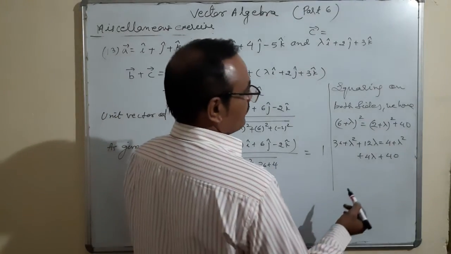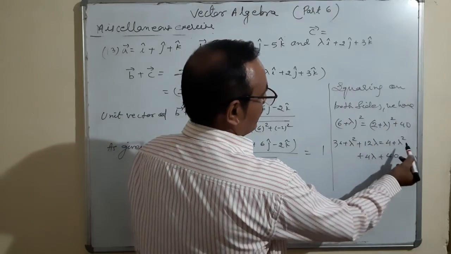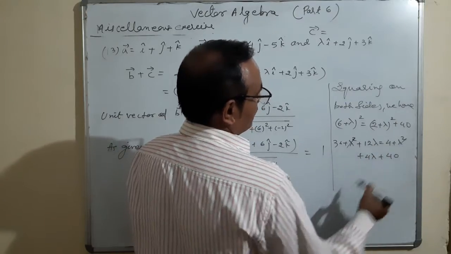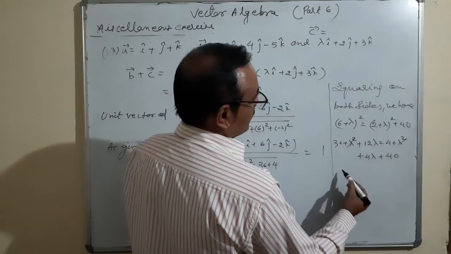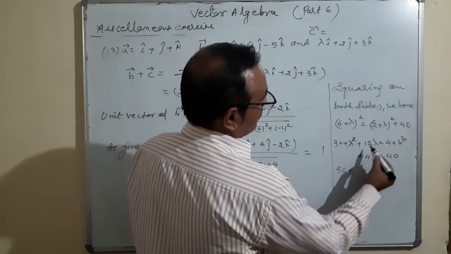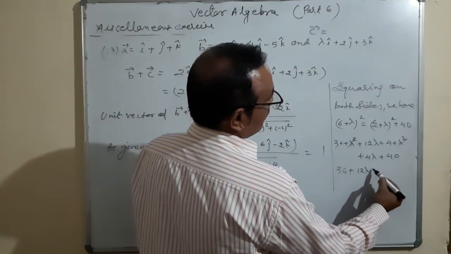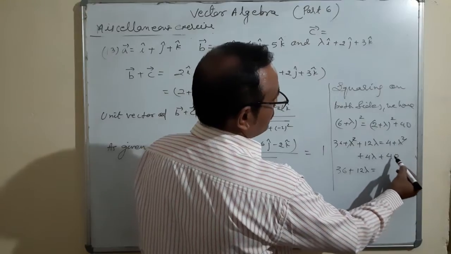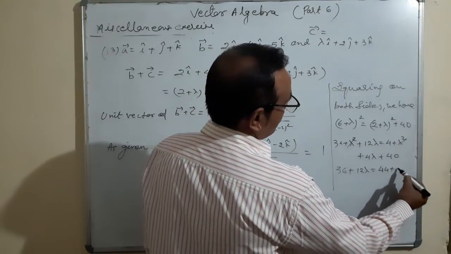So here lambda square and lambda square simply cancel. 36 plus 12 lambda is equal to 4 plus 40, 44 plus 4 lambda.